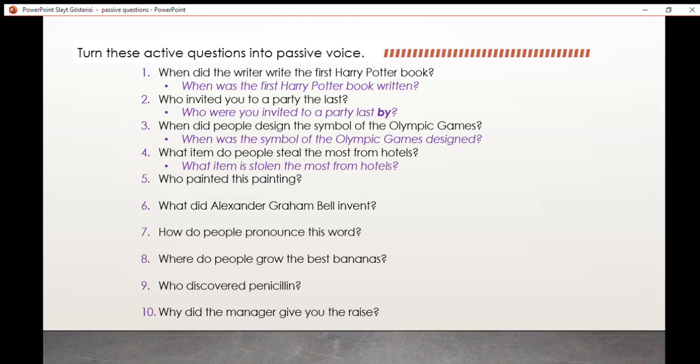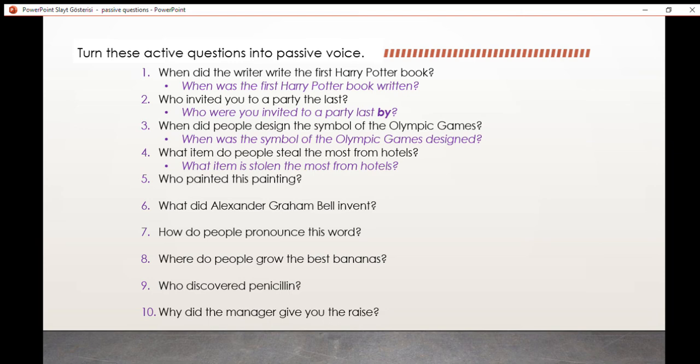It's an active sentence where stolen, the third form of the verb, is used as an adjective. Stolen item. What is the stolen item? But that sentence is an active sentence, right? It's asking for an object.